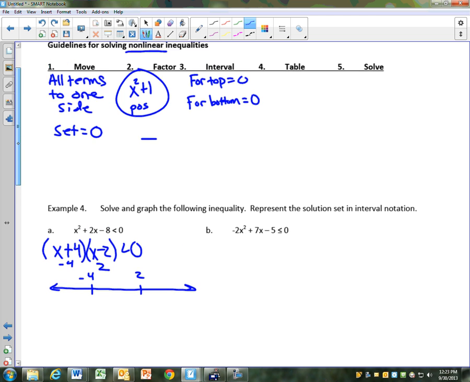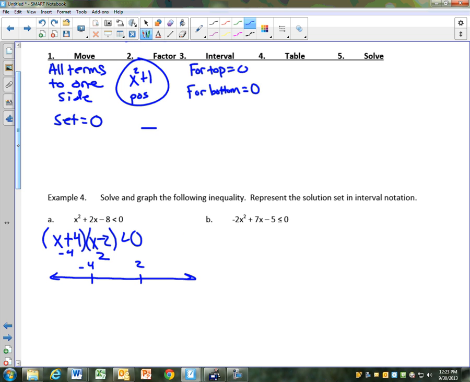Now with my interval, I'm going to make a table. My table has columns, and it has rows. The columns are equal to the number of solutions plus 1, and the rows is equal to the number of factors.